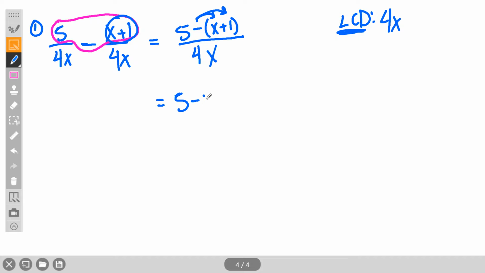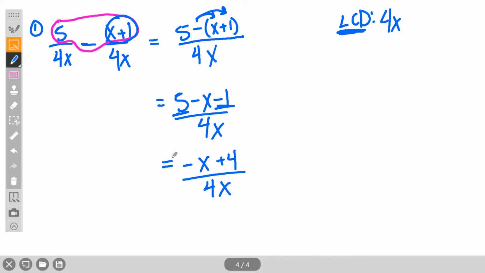So we'd have 5 minus x minus 1 over 4x. Combine the like terms, which are the 5 and the minus 1. So we have negative x plus 4 over 4x. Of course, we would want to simplify by factoring, but there's nothing to simplify here, so this would be fine.